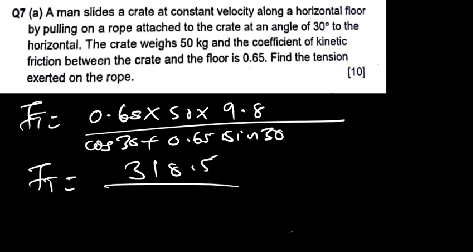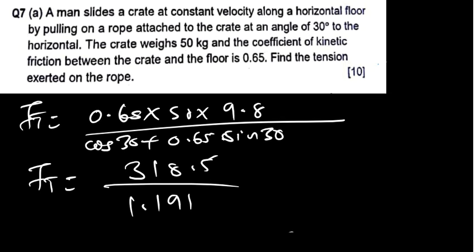We divide it by cos 30 plus 0.65 sin 30. Let me start with 0.65 sin 30, then I do plus cos 30, which gives me 1.191.